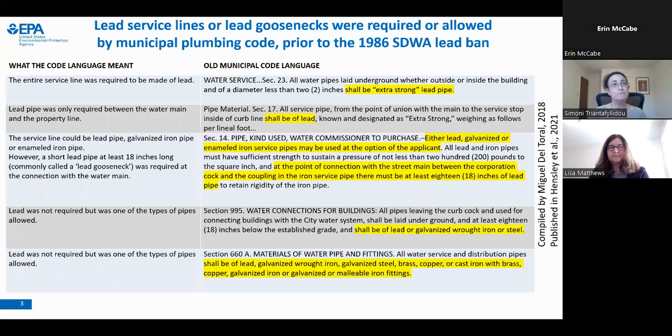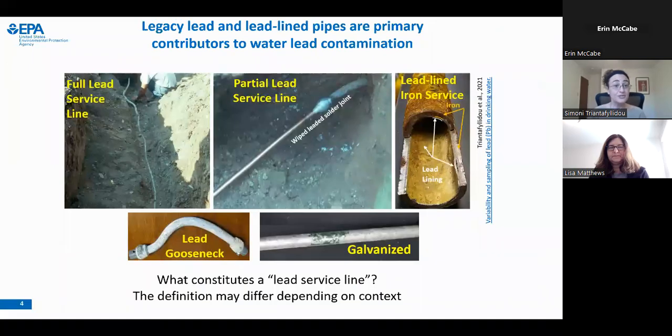And here's just some illustrative older municipal code language with the yellow highlights basically showing excerpts where lead pipe was explicitly mentioned as the material either required or allowed for service lines or goosenecks. So we're in the situation now where around the country we have millions of legacy lead and lead pipes still around. They are the primary contributors to water lead contamination when they're present.